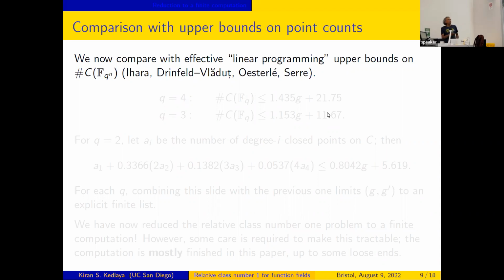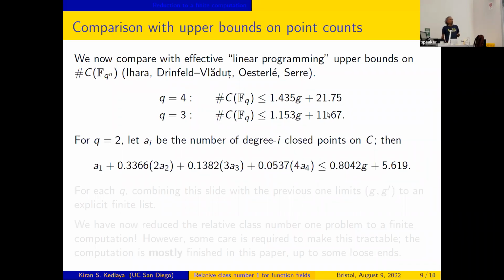So you can read Sarah's description of the Ihara, Drinfeld, Vladut, Oesterlé method for getting these effective upper bounds on point counts. And for Q equals 3 and Q equals 4, I just look up point counts from the tables, and I see that the asymptotics are much slower, these upper bounds grow more slowly than my lower bounds. So eventually I have the tension.